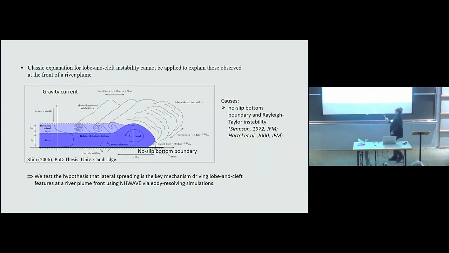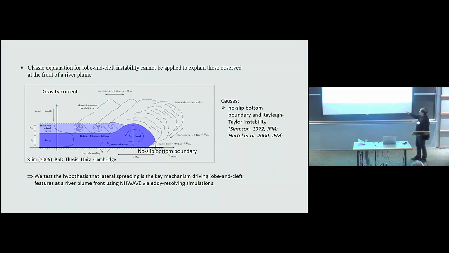What makes this problem really interesting is that the classic explanation for the lobe and cleft instability for the so-called no-slip bottom boundary cannot really be used to explain what we see for a surface river plume.